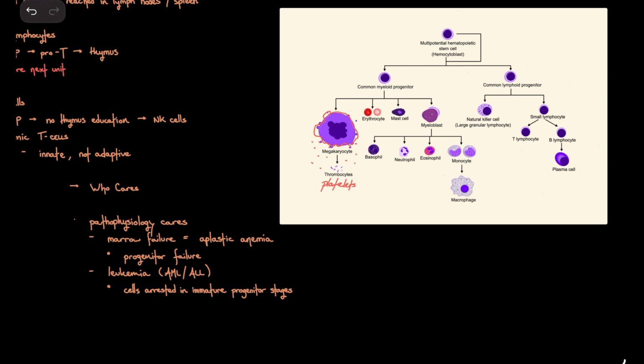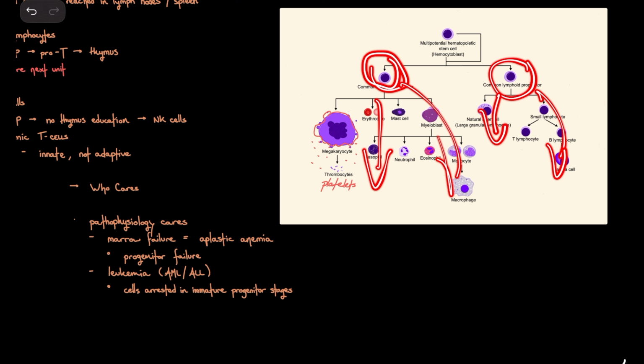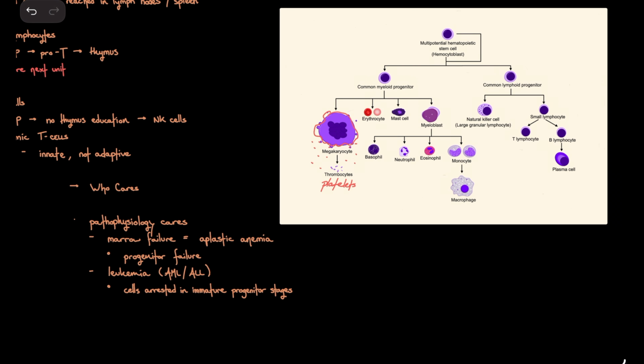So that's a really important concept to know. If I'm blocked upstream, these can become anything down here, but they're not differentiated enough to actually perform the physiology that the final product cell is meant to.